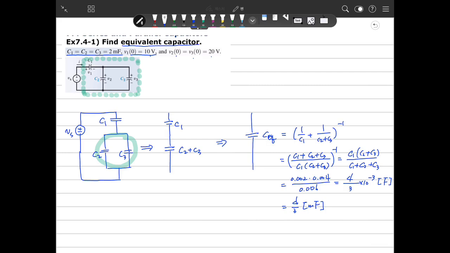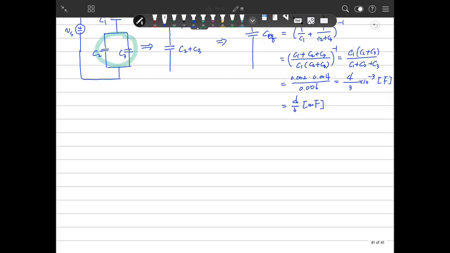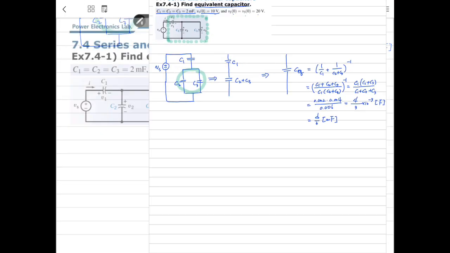So it's very simple. Calculating this is like calculating resistance when resistors are connected in series. Then we will do another example here.